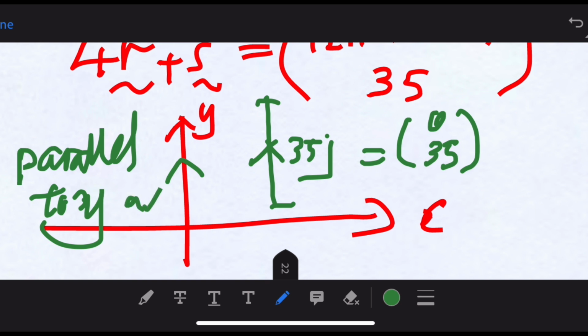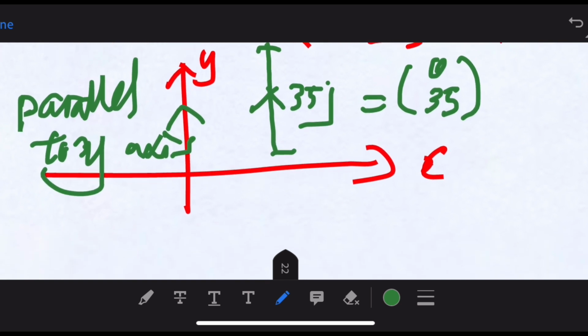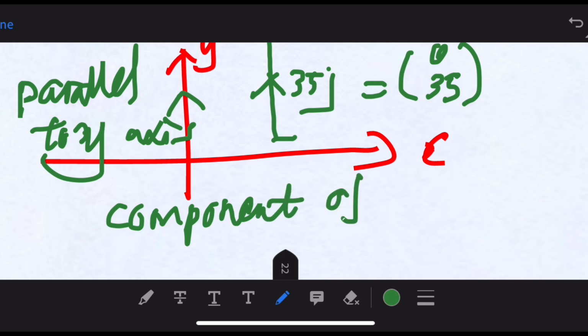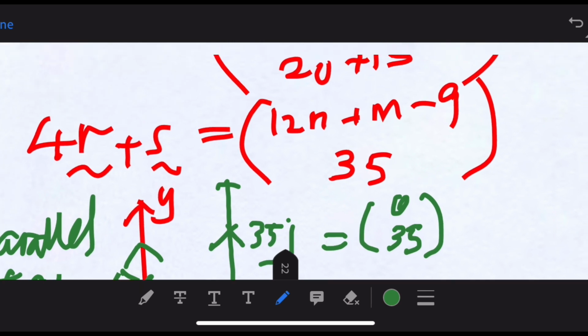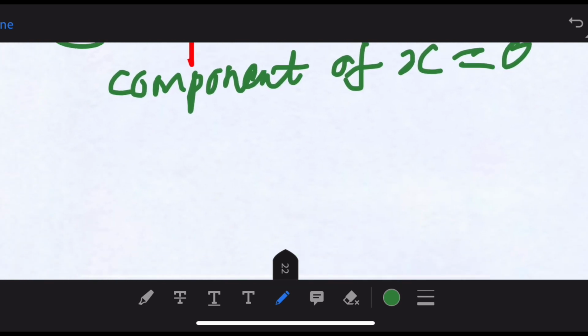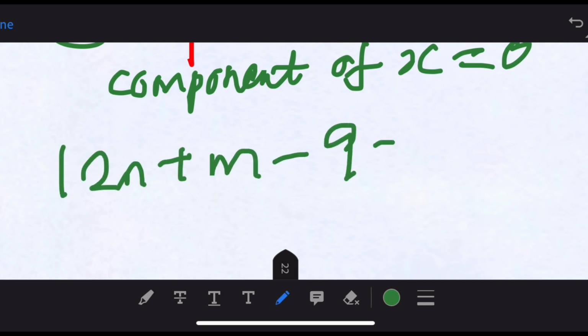I'm explaining to you, this is one example of the vector 0, 35, or you can read as 35j, and then finally you make 12n plus m minus 9 equal to 0 due to the component of the x of the vector being equal to 0.